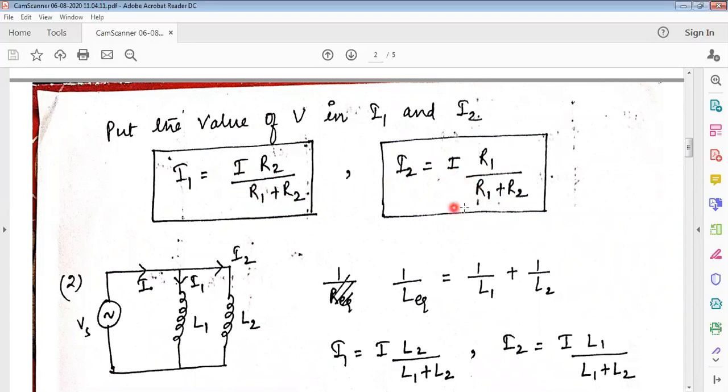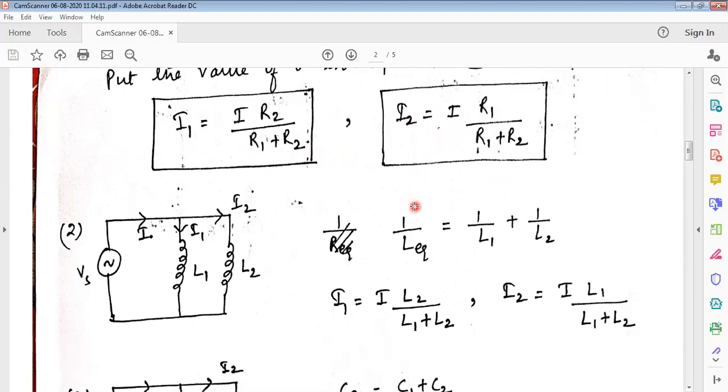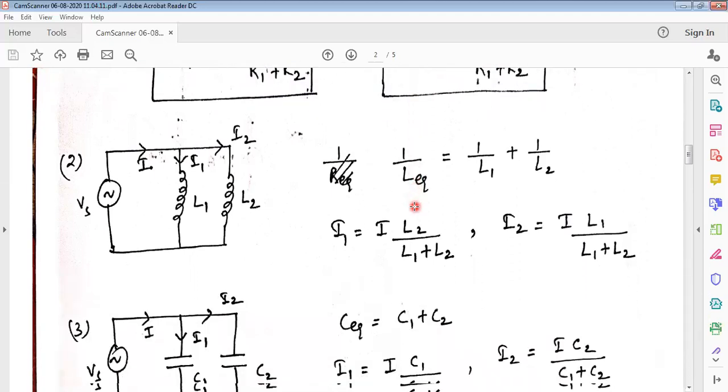So this is the current division rule. If you have to find the currents in different parallel branches present in your circuit, then you can apply this simple formula. And how to remember the formula? For finding the current, always take the opposite resistance. Here, see I2 has R1, always take the opposite resistance. So this was the current division rule when two resistors are connected.